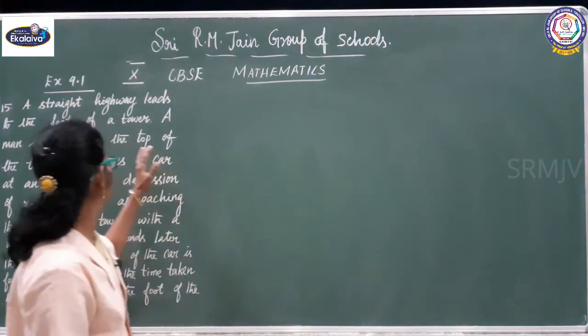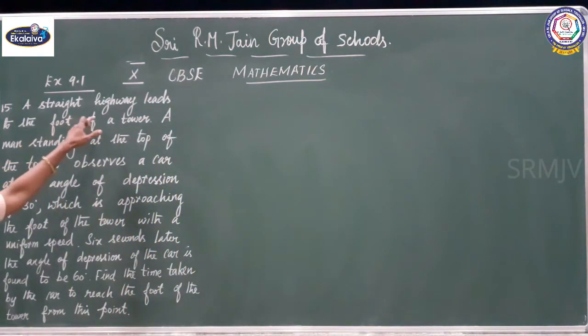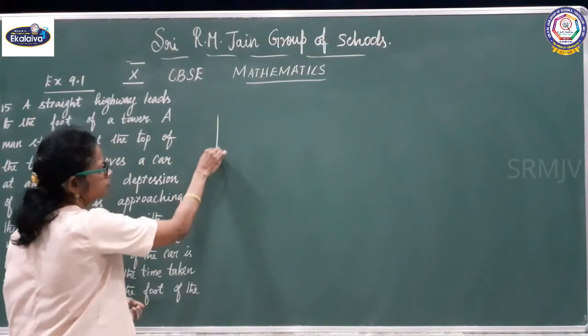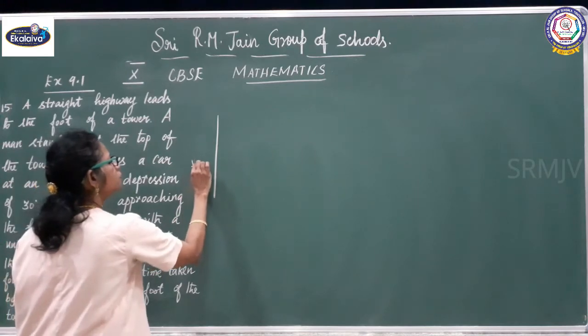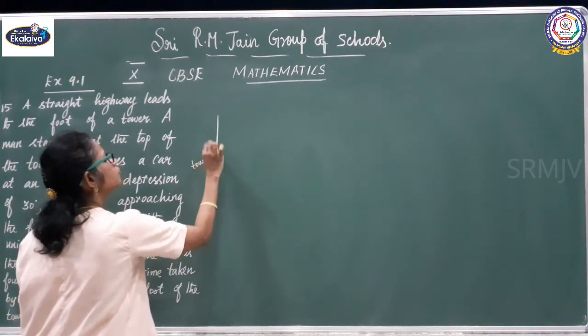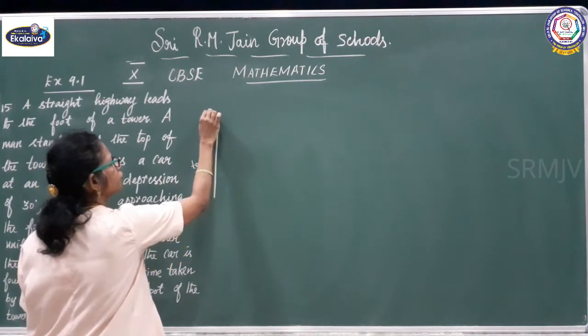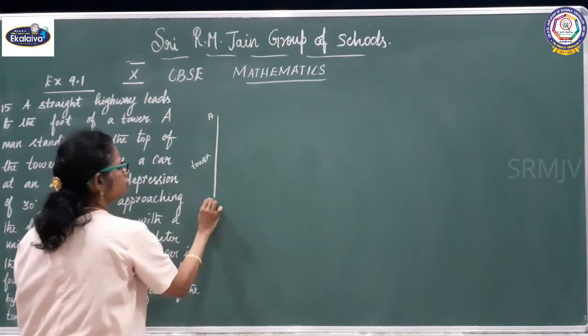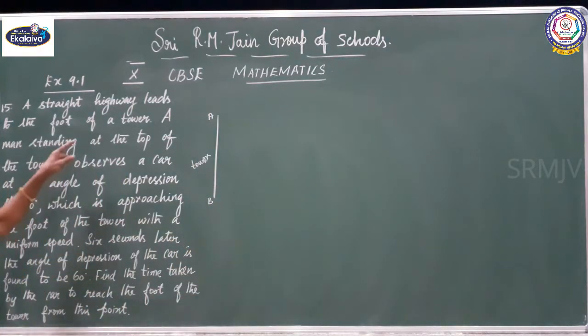See children, question number 15. A straight highway leads to the foot of a tower, right? This is our tower. A man standing at the top of the tower observes a car at an angle of depression of 30 degrees, right?